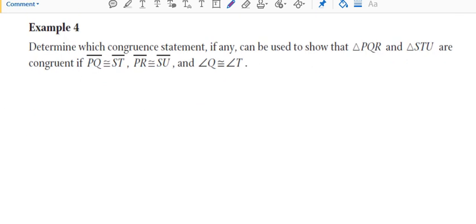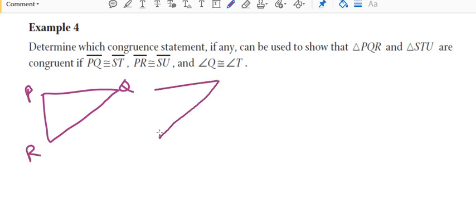All right, so example 4, similar to example 3, we're going to analyze some triangles here. So we're going to draw two triangles, PQR and STU.